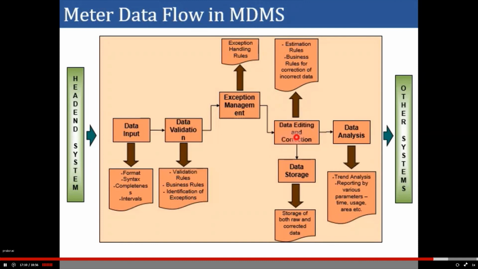So for example, if the voltage value is coming out to be very low, it means that there is some problem with the meter data acquisition. It can happen because of faulty sensors in the smart meter, or maybe during communication the data has been corrupted, so data editing and correction is required.